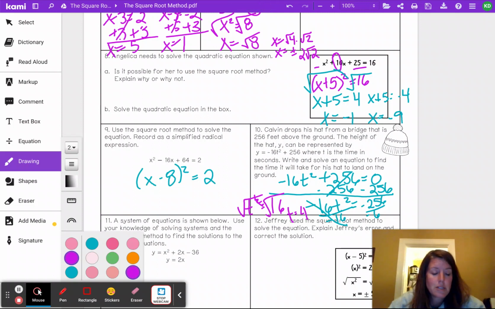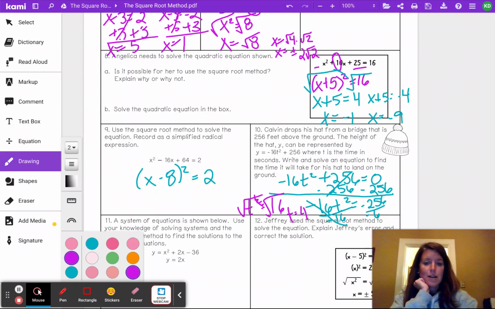But for this, we're only going to have one because you can't have negative seconds when we're talking about time for something to fall to the ground. It's not taking him negative 4 seconds to fall to the ground, that hat. This is the only possible solution for this would be positive 4.